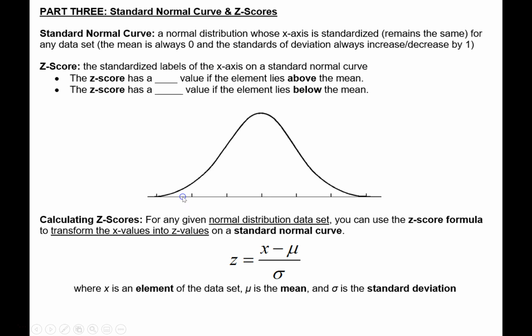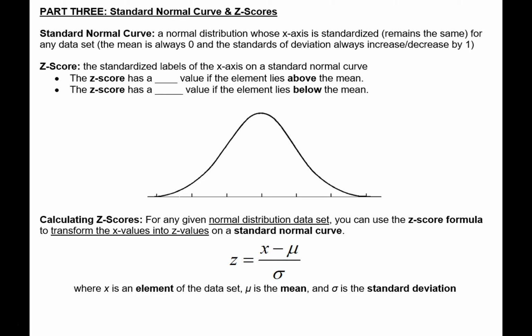Okay, so the last thing that we need to do some work with is standard normal curves. So we're going to talk about Z-scores, and then we're also going to use them in a real-world situation as well. So first, if we have a standard normal curve, what I mean by that is we have a normal distribution just like we've had, but the x-axis is going to be standardized.